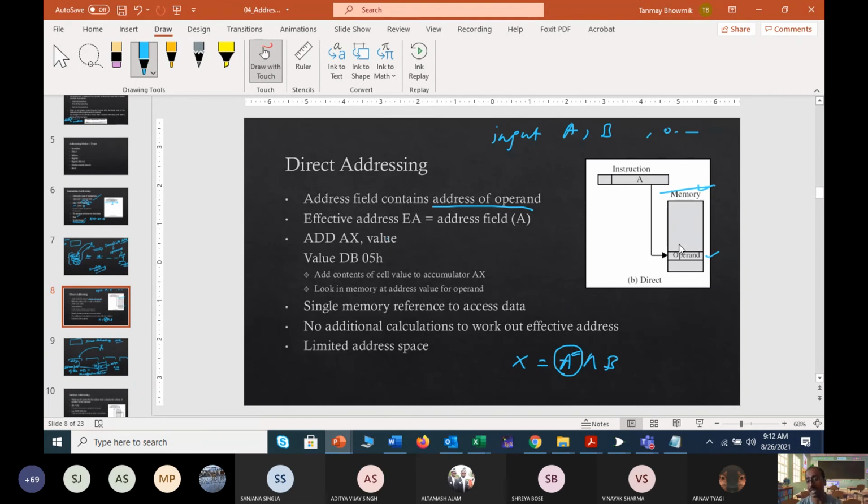Without taking their consent, I cannot put my stuff in their room. It is not ethical, it is not possible. You have to take permission. That means some other type of memory addressing will come into action to access the other locations also.